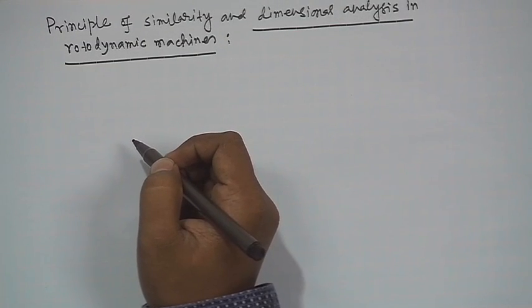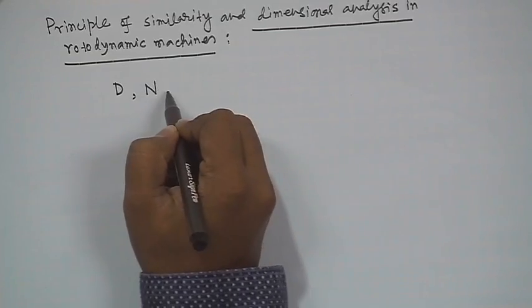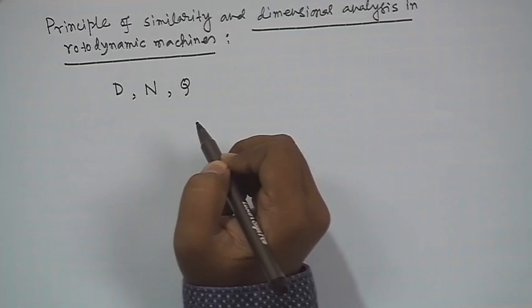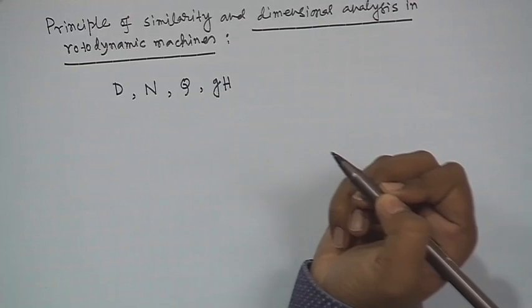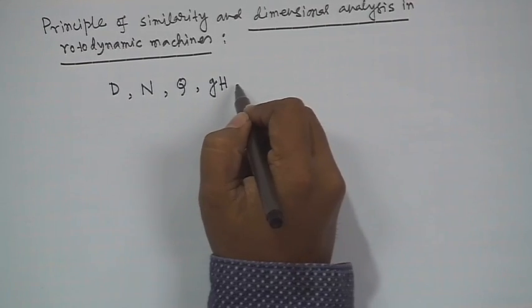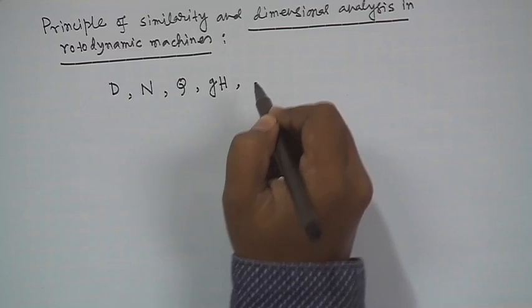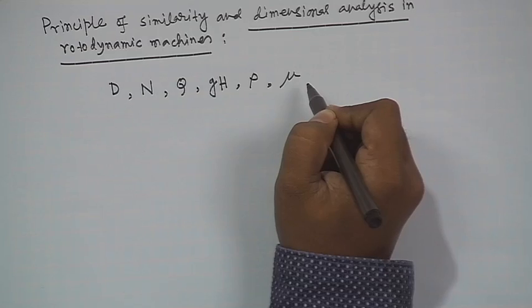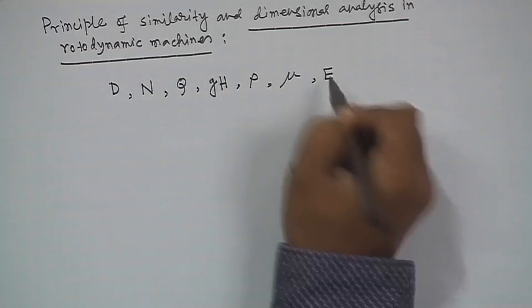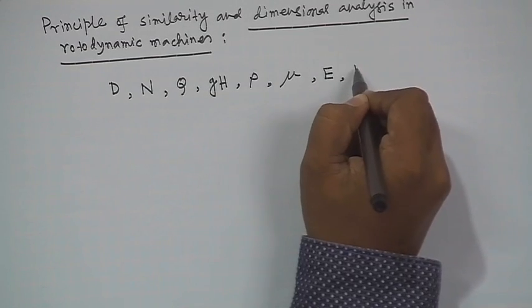The physical parameters of rotodynamic machines which are very much relevant in these problems are the diameter of the rotor, the speed of the rotor, the flow rate Q through the rotor, gH, where g is the acceleration due to gravity and H is the head across the rotor, rho the density of the fluid, mu the viscosity of the fluid, E the coefficient of elasticity of the fluid, and power transfer.